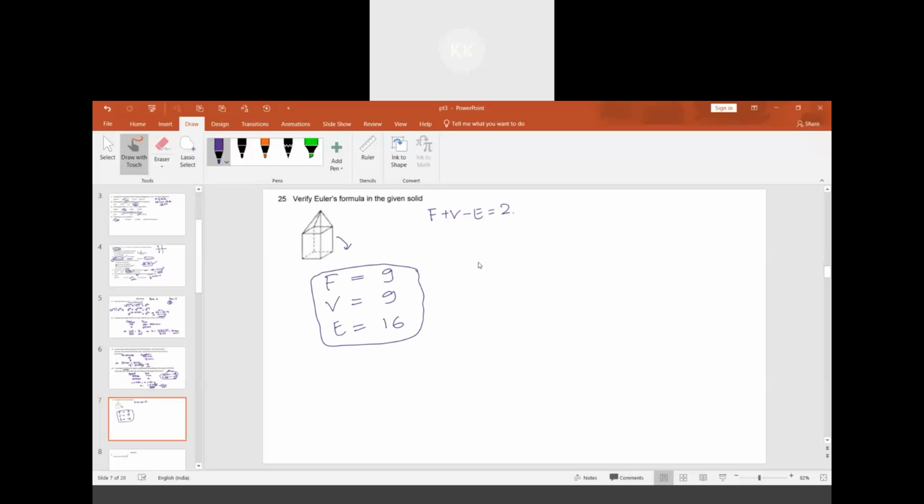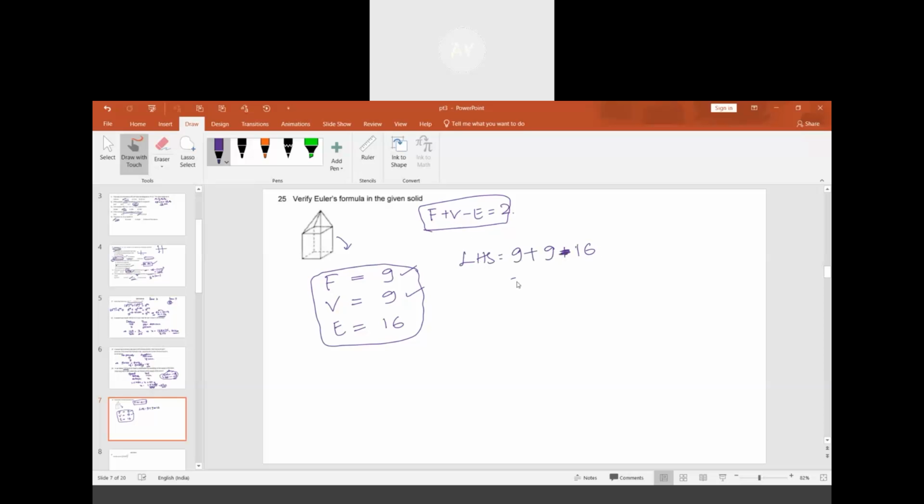One intelligent fellow here, I don't remember his name, has taken faces and vertices, and used this formula to calculate the number of edges. The question is not that. The question is to verify this. You have to consider the left hand side: 9 plus 9 minus 16.